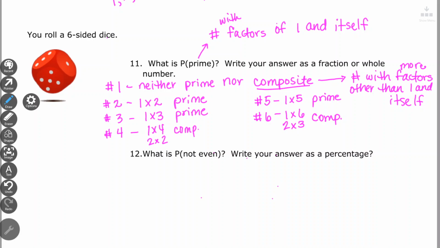All right, now, of the 6 sides of the dice, we know the 6 is going to go on the bottom, right? Because that's the total number of numbers on the dice. Now, how many are prime? So let's go and look. The number 1 is neither prime nor composite, so that's not prime. The number 2 is prime, the number 3 is prime, and the number 5 is prime, okay? So there are 3 out of 6 numbers that are prime.